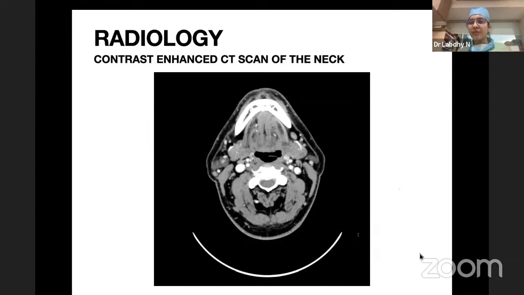Sir, we can do a fiber optic laryngoscopy guided biopsy, or we can do a DL scopy biopsy. In this patient, particularly since there is a reduction in the glottic chink and it's a T4A, an advanced cancer, I would like to take consent for tracheostomy before I go ahead with the direct laryngoscopy.